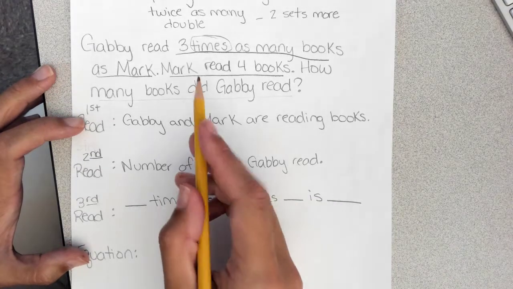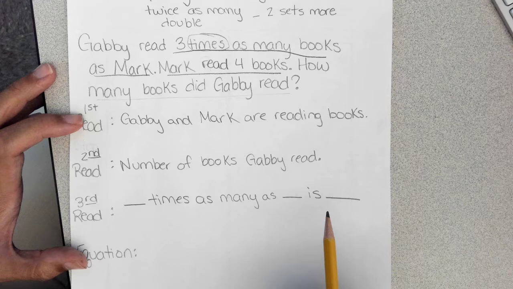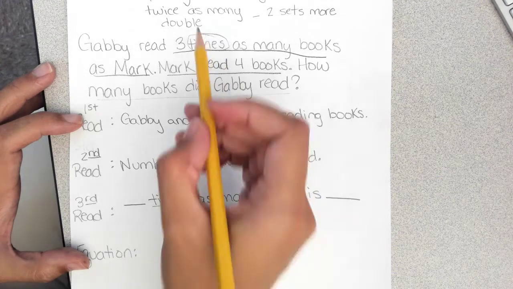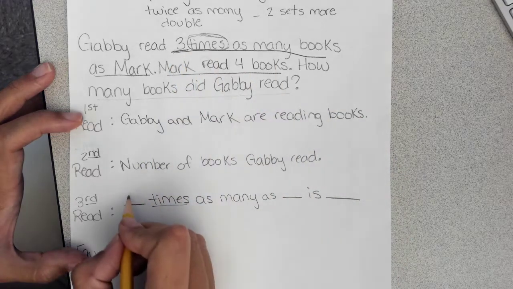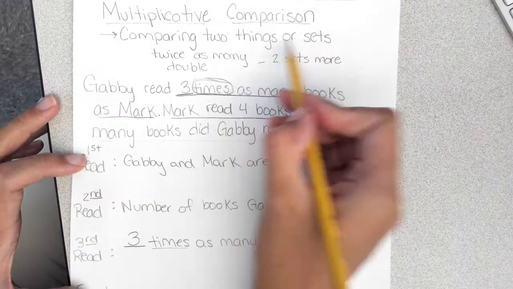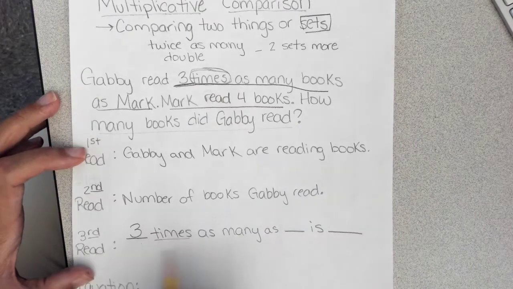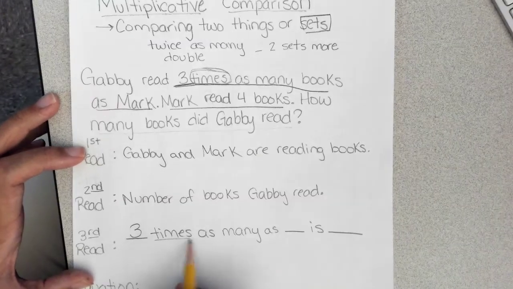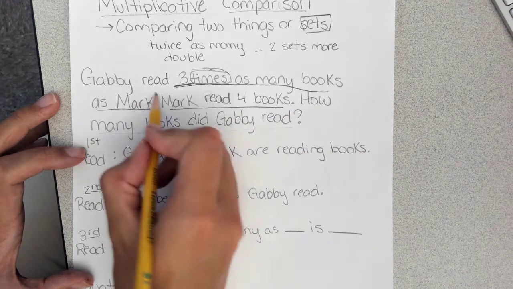So now I can look back at the problem and fill in the information in this sentence stem. So I see times, and we already looked up here as times. So we have 3 times. So the number of sets we're going to have is 3. So we have 3 times, or 3 sets of, so 3 times as many as Mark.